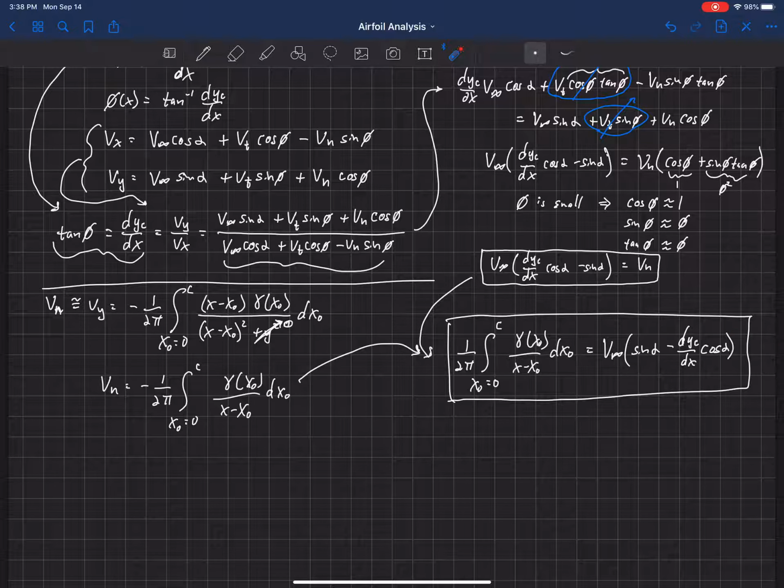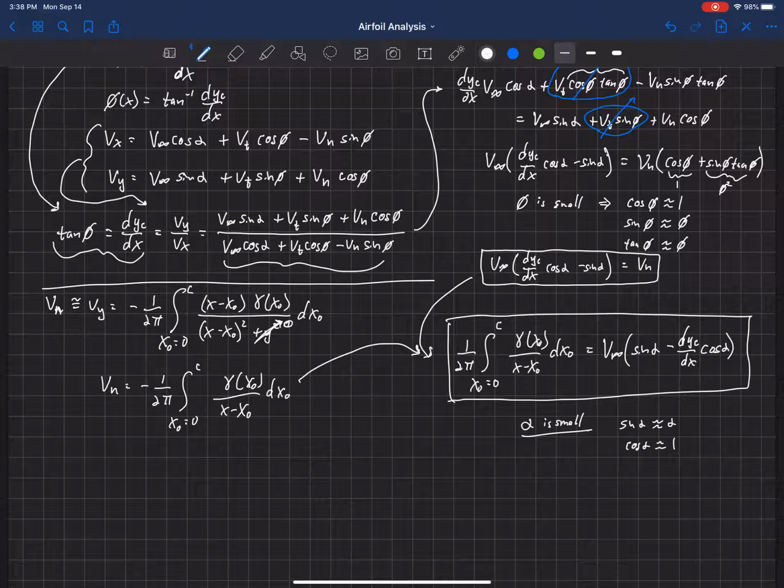Now there's two things I want to point out. The first is that in most developments of thin airfoil theory, they make one more approximation that I did not include here because it's not necessary to solve this problem. But one more approximation that they usually make is that the angle of attack is also small. So if alpha is small, then sine alpha can be approximated as alpha, and cosine of alpha is about 1.